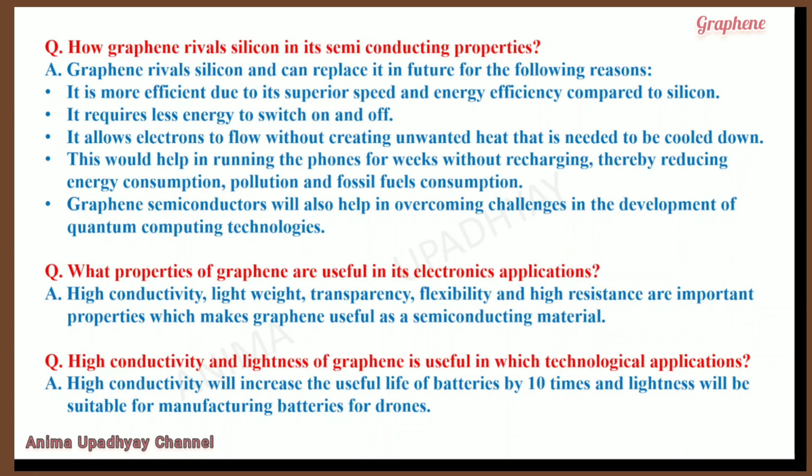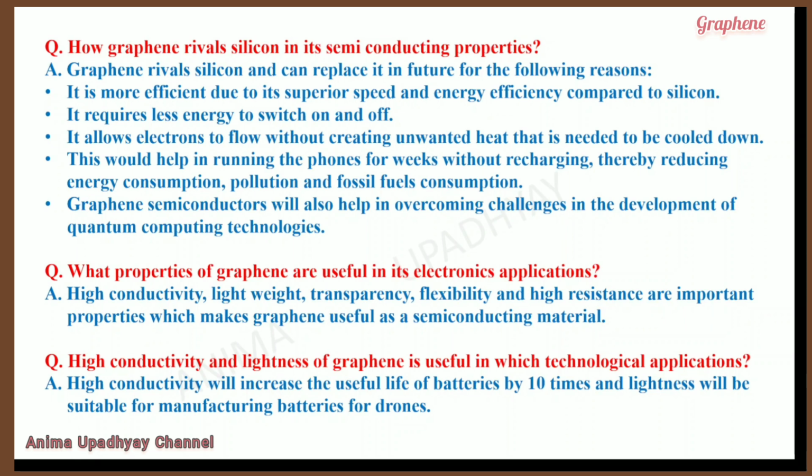This would help in running phones for weeks without recharging, thereby reducing energy consumption, pollution, and fossil fuels consumption. Graphene semiconductors will also help in overcoming challenges in the development of quantum computing technologies.